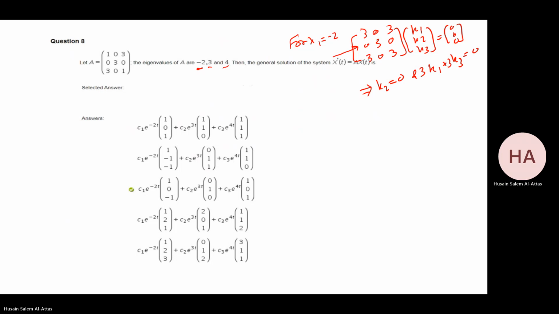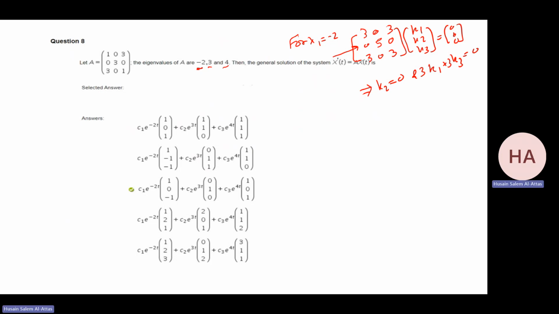Then 0, 3 minus minus 2 will be 5, that will not make a difference. I have 1 minus minus 2, that will be 3. So it will be 3K1 plus 3K3 equals 0.